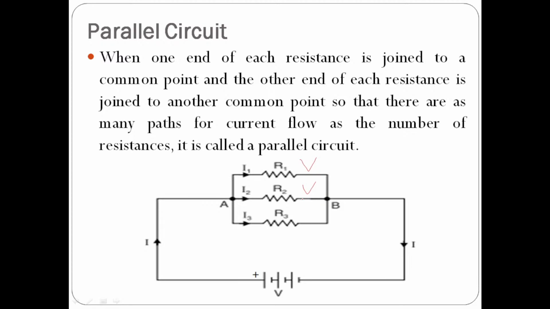I is equal to V by R. So I1 is equal to V by R1. What about I2? I2 is equal to V by R2. What about I3?